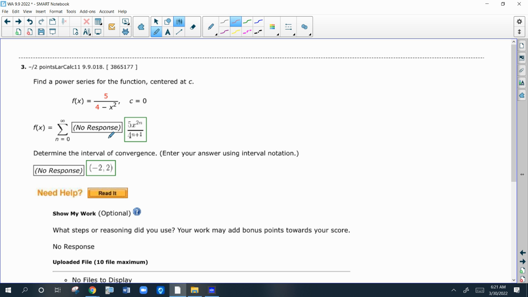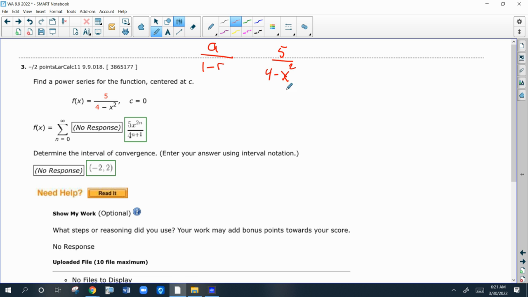Number 3. Okay, number 3 is the same thing, except look, we have an x squared here. And to deal with an x squared, you just deal with it. It's really not going to screw us up that much. We still want to put it in the form a over 1 minus r. So the first thing I want to do is, it's centered at 0, so I like the x minus 0 aspect here.